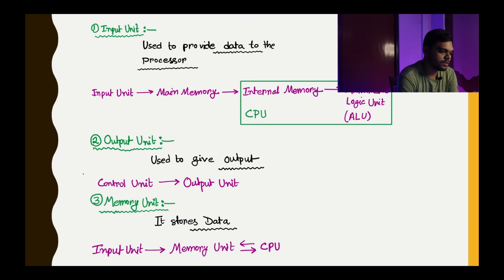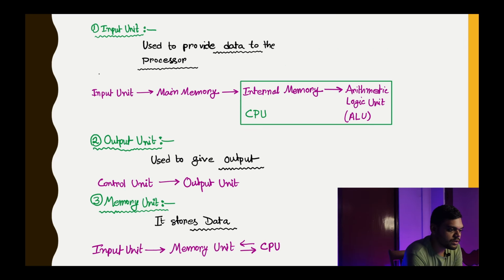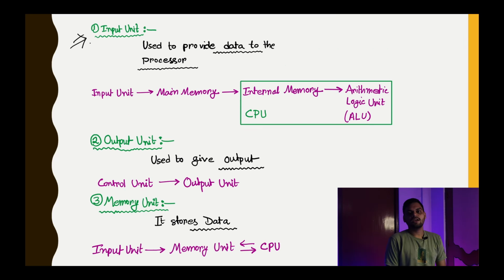Moving forward, the input unit, as the name suggests, is there to take input from the user. Let me give an example. Imagine you are giving data to a computer: you are interacting only with the input unit.